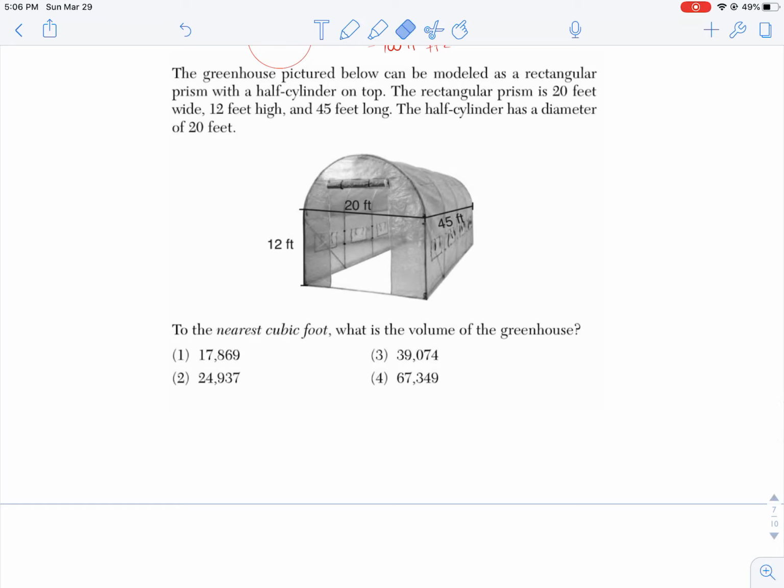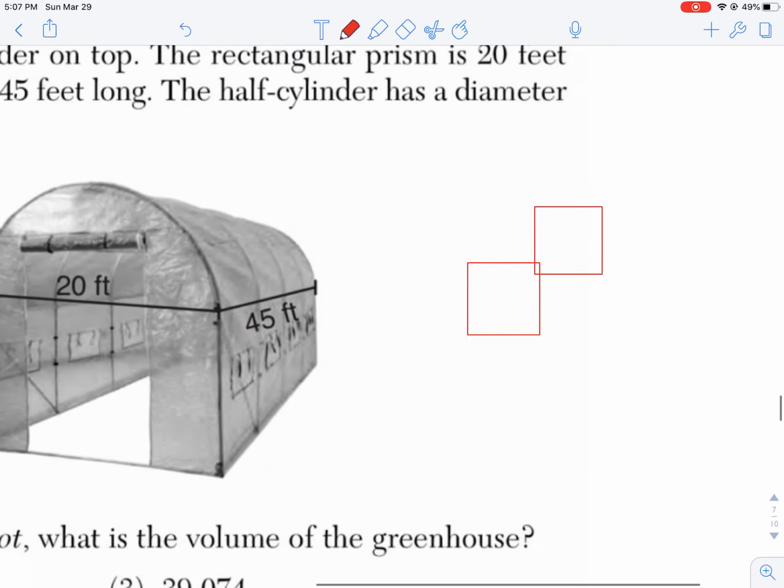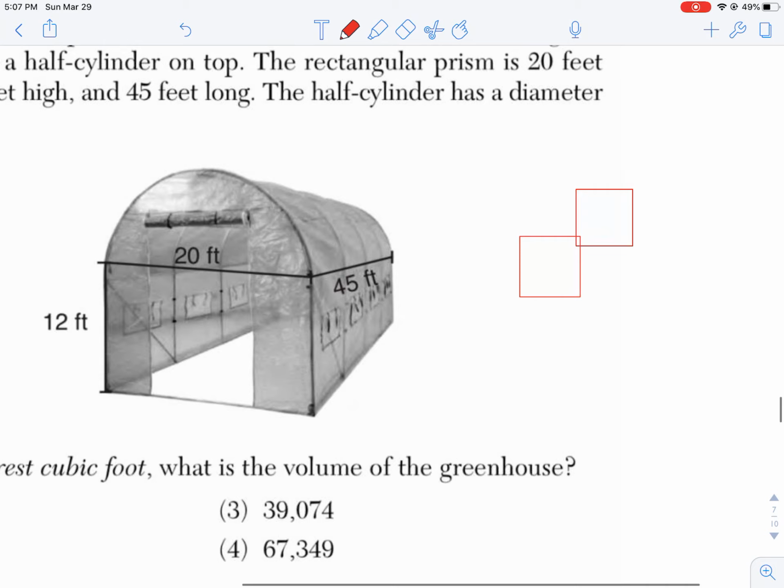What we're going to have to do is find, well, let me make a better one. Hold on a second. I can do better than that. Zoom in here.